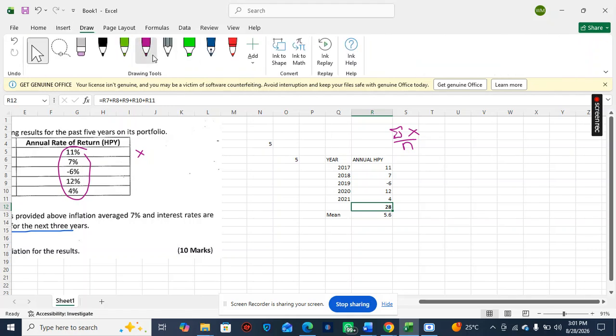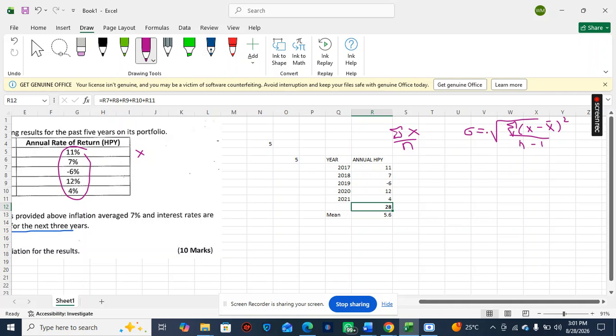Sigma equals the square root of the summation of each of our deviations squared over n minus 1.